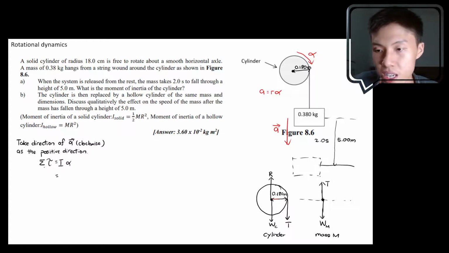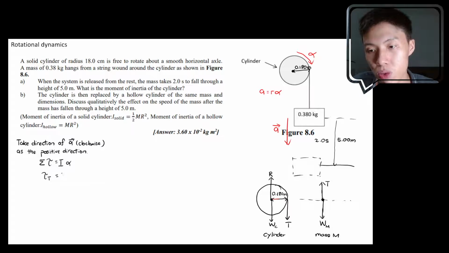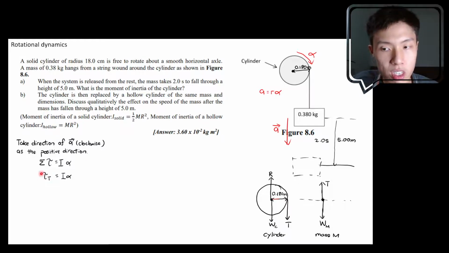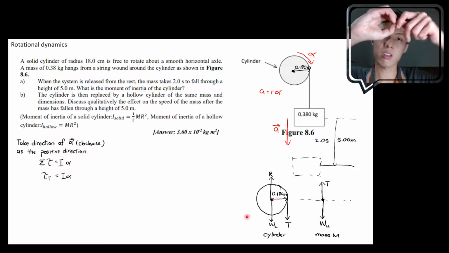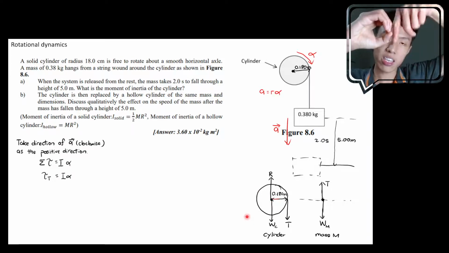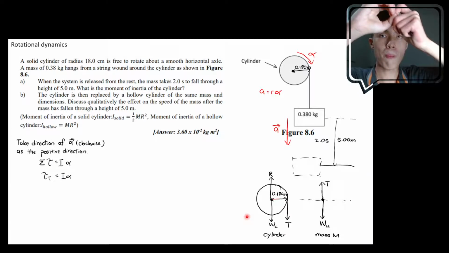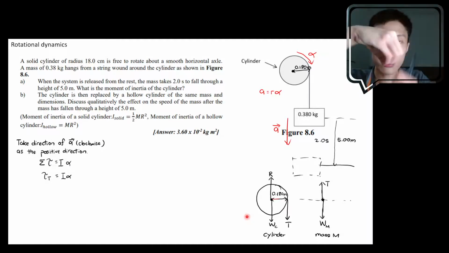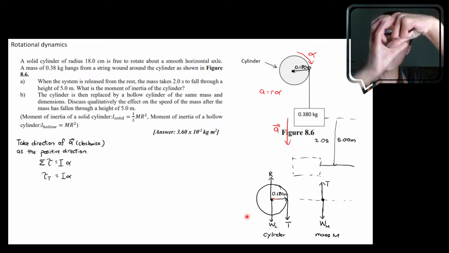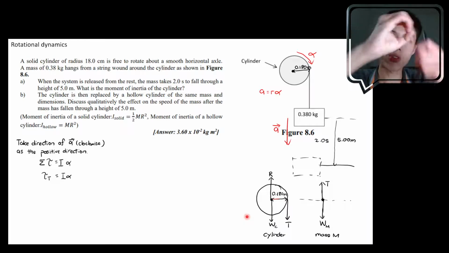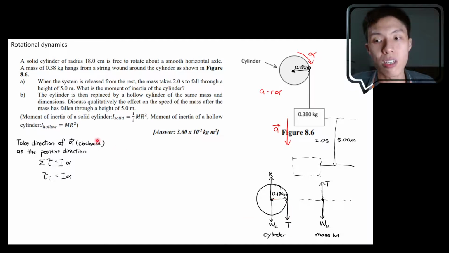So now we can say the torque produced by tension will be equal to I alpha. Okay, but we have to check the direction of the torque, of course. The tension is pointing this way. So if you pull the cylinder like this, you should expect the object to rotate clockwise, right? If you pull, it will rotate clockwise. So clockwise is positive direction. So this torque, in front, we can put a positive sign.